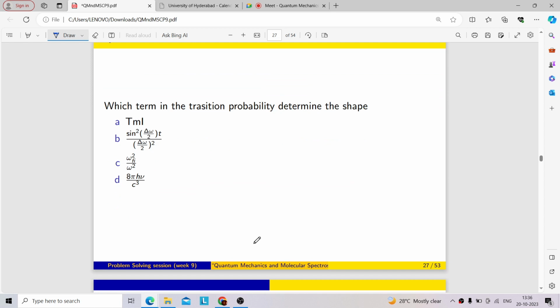Which term in the transition probability determines the shape? So the correct answer will be B. Due to this factor, we'll have a form like a Gaussian distribution, right?